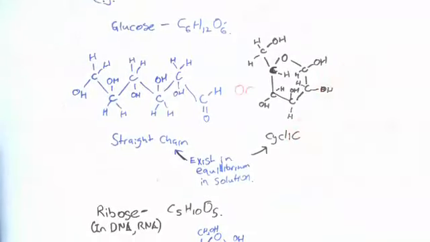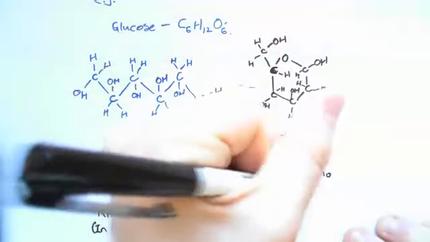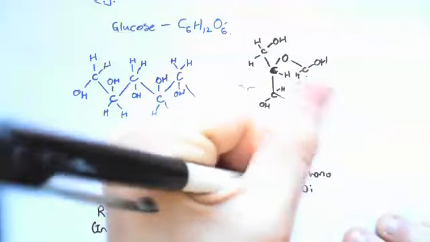Anyway, with naming carbohydrates, they're generally named with how many carbons they have. They're named with a prefix coming from the Latin words for number of carbons. So one carbon is mono, two is di.